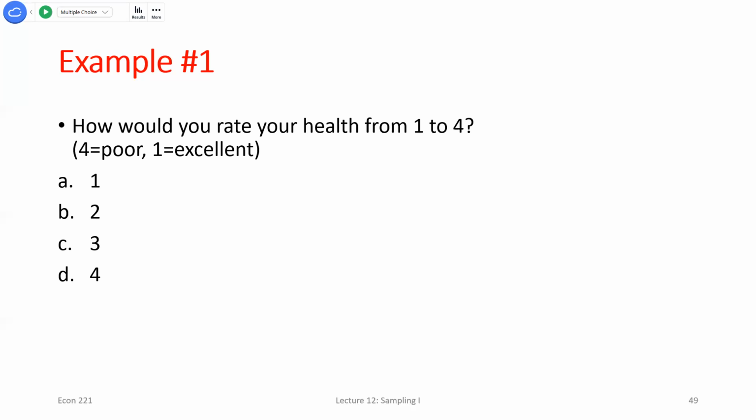Now, if I didn't have this as an iClicker question, what kind of people do you think are more likely not to respond to a question like this? People who are unhealthy. So what is that instantly going to do if I'm calculating a mean for health from this data? If people who are unhealthy are more likely to not respond, it's going to look like health is higher than it actually is, right? So I've got to be concerned with that non-response bias.